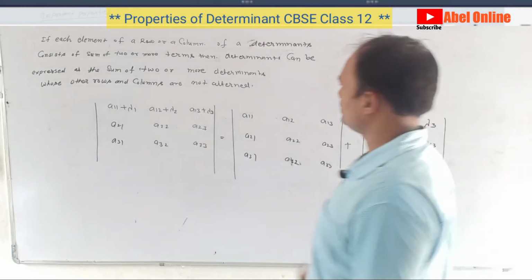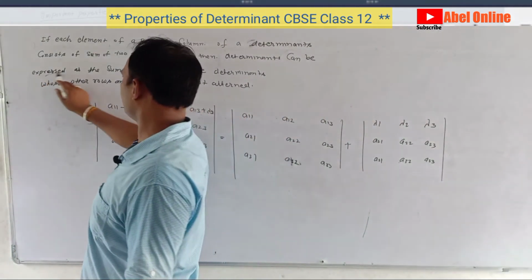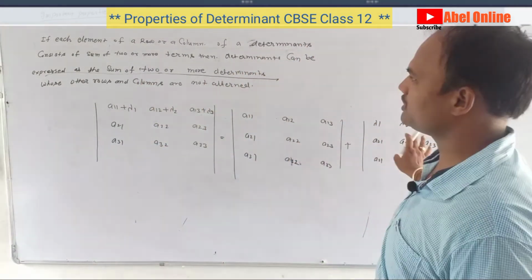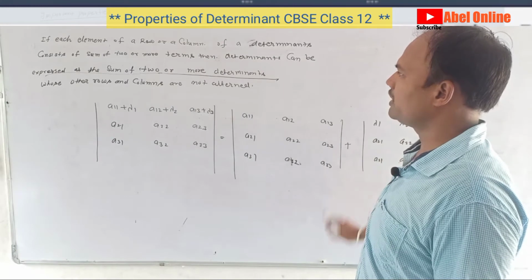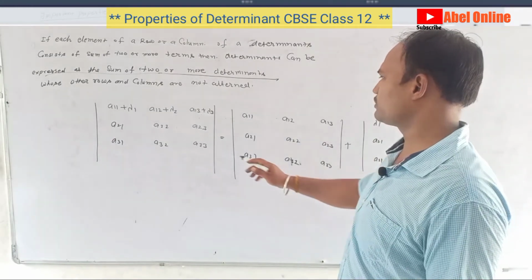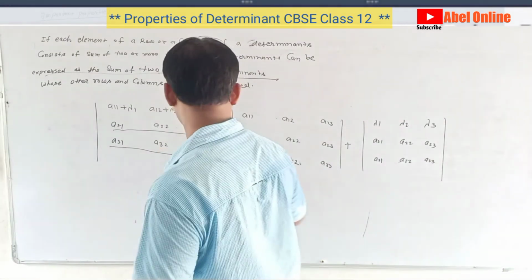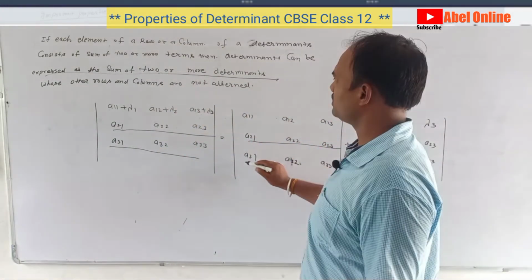Means a determinant can be expressed as the sum of two or more determinants. We have expressed it as the sum of two determinants, and the other rows are the same, not alternate.